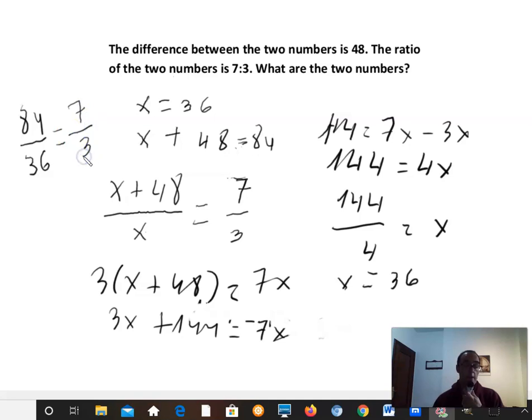And that was our initial point. We were searching for two numbers whose ratio is 7:3, and the numbers are 84 and 36.